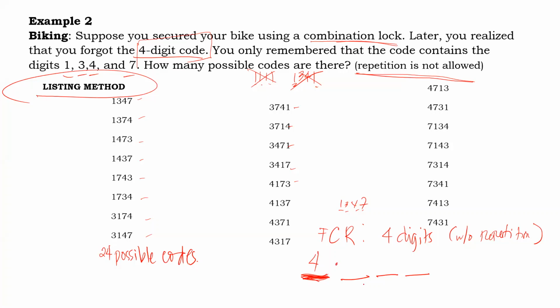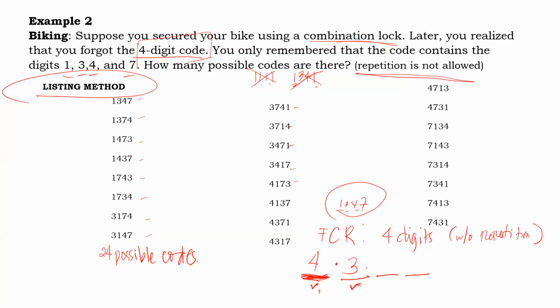Now, for the second digit, since repetition is not allowed, the digit you used in the first cannot be used again. So, you only have 3 choices. Suppose 1 was used first, then 3, 4, 7 are your choices for the second digit.